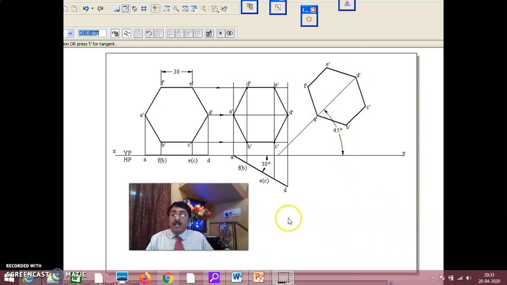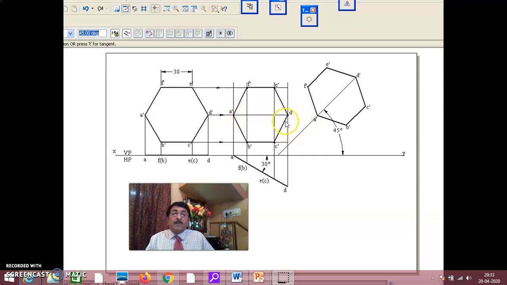Diagonal AD is inclined at 30 degrees to VP, but since it is inclined to VP, in the front view this A dash D dash is not in true length.